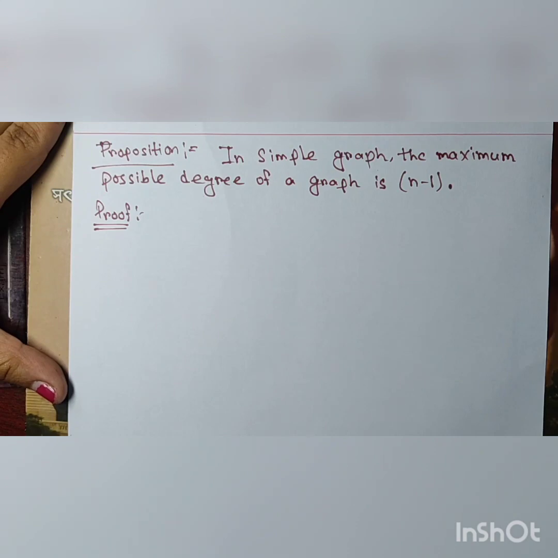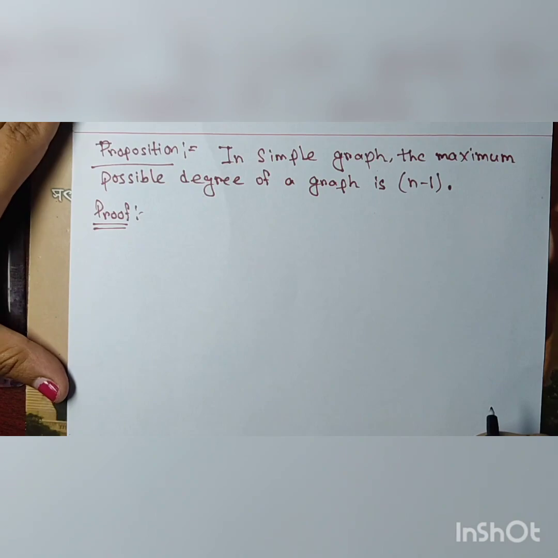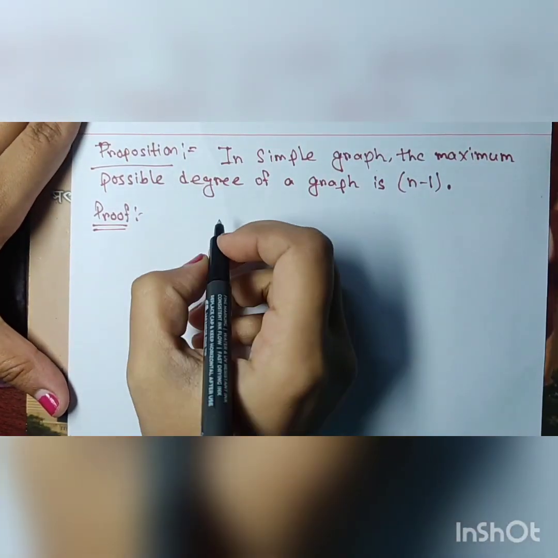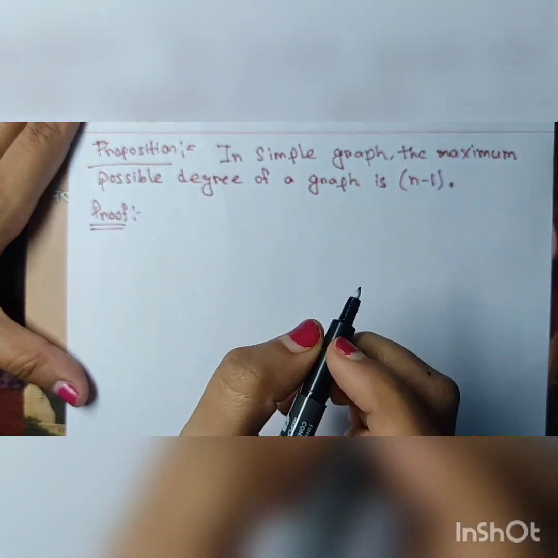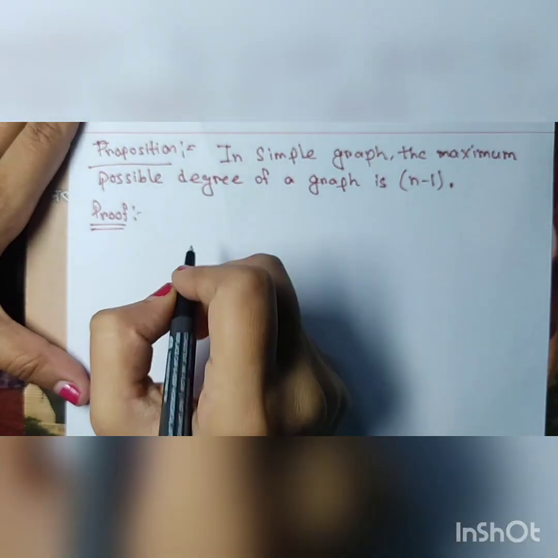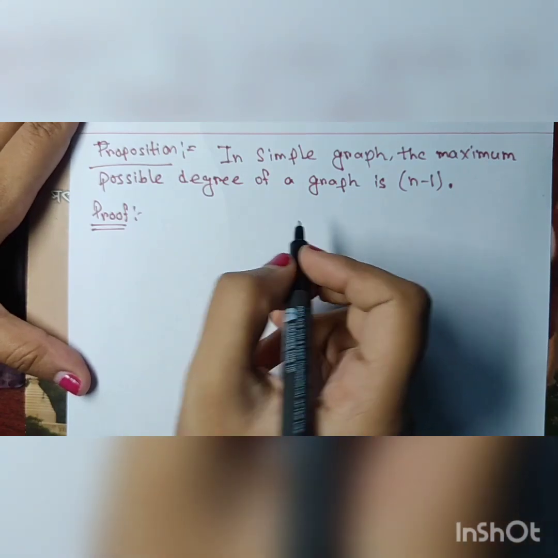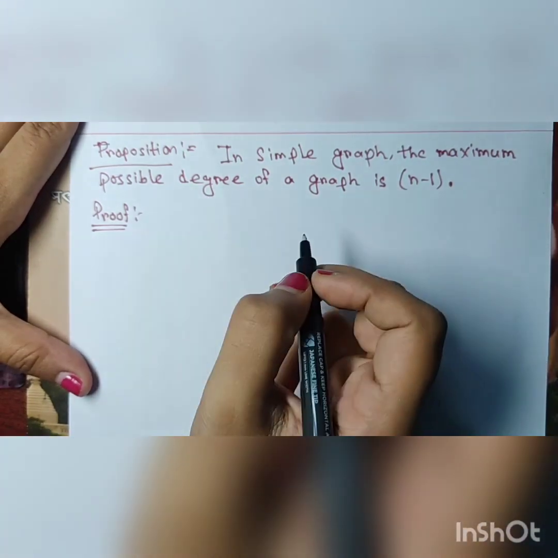So now we will consider this proposition which states that in any simple graph the maximum possible degree is n minus 1. So we will quickly prove this proposition. In case of a simple graph there is no multiple edge and no loop, and already we know that the degree of a vertex is the number of edges incident on that vertex.